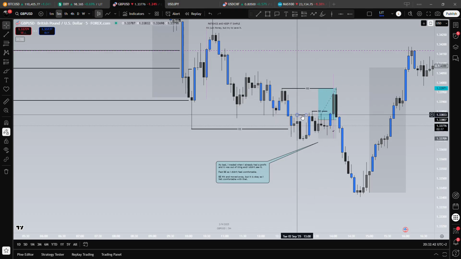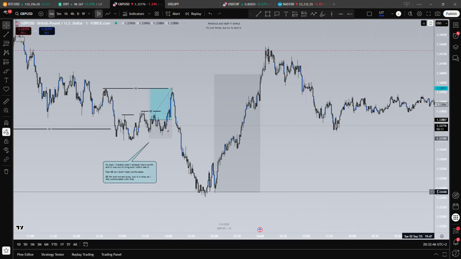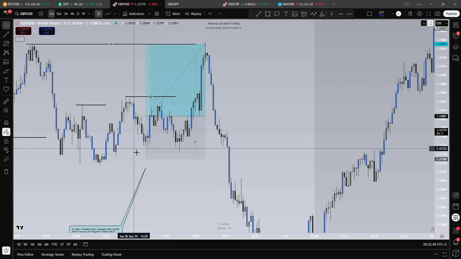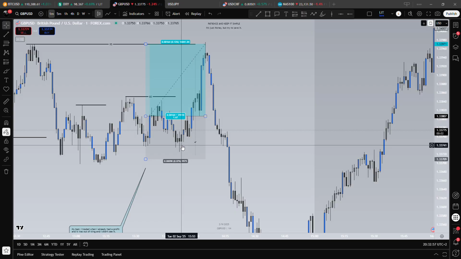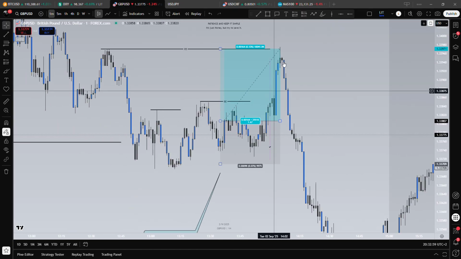And we had the break extractor. Then it went down into the mitigation, and with this engulfing candle, I decided to trade. I nearly hit stop loss and went to the upside.